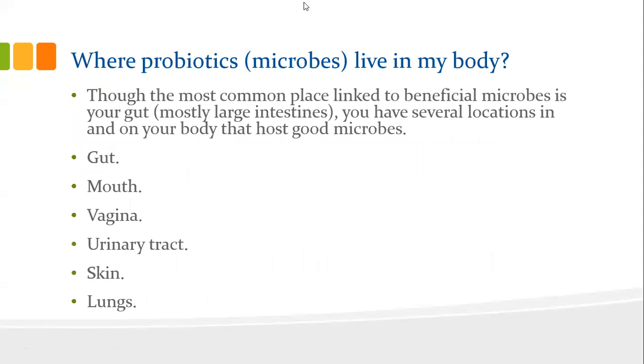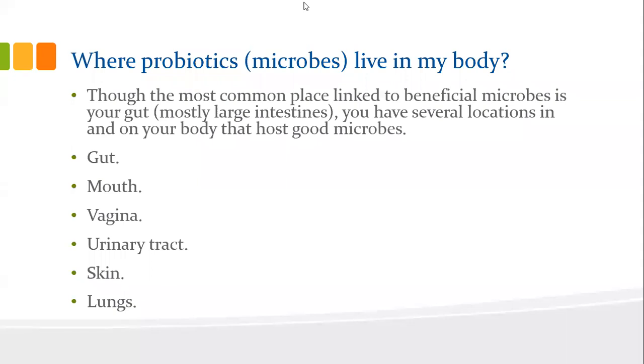So probiotics are typically in your gut, but they are also in your mouth, vagina, urinary tract, skin, and lungs. That's why when we say don't use chemical-based tooth powders or toothpaste, it's because you are going to kill a lot of probiotics or microbes in your mouth.